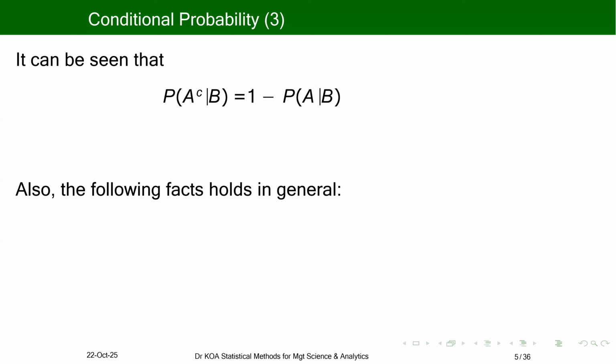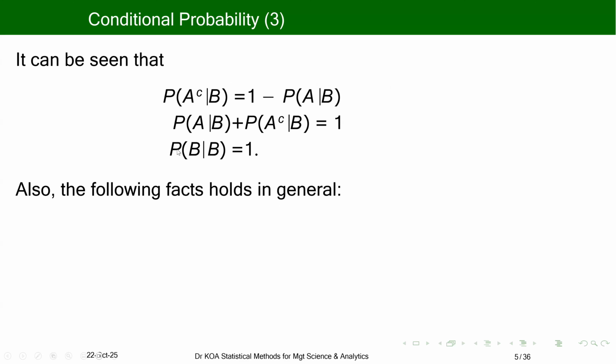Well, that's what I just said here. So you can now add these two. Any event and its complement, it doesn't matter. Both of them are still given B. One is given B, the other is also given B. The sum of the probabilities will be equal to 1. Which means that the probability of B given B is also 1.